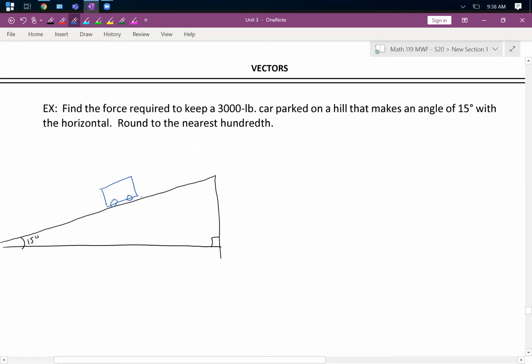Remember that weight is the result of gravity pulling on our mass, and gravity always pulls straight down. So the vector representing the weight of this car should be straight down. And since that's perfectly vertical and the incline that I drew in the bottom is perfectly horizontal, that means that we have a right angle right here.